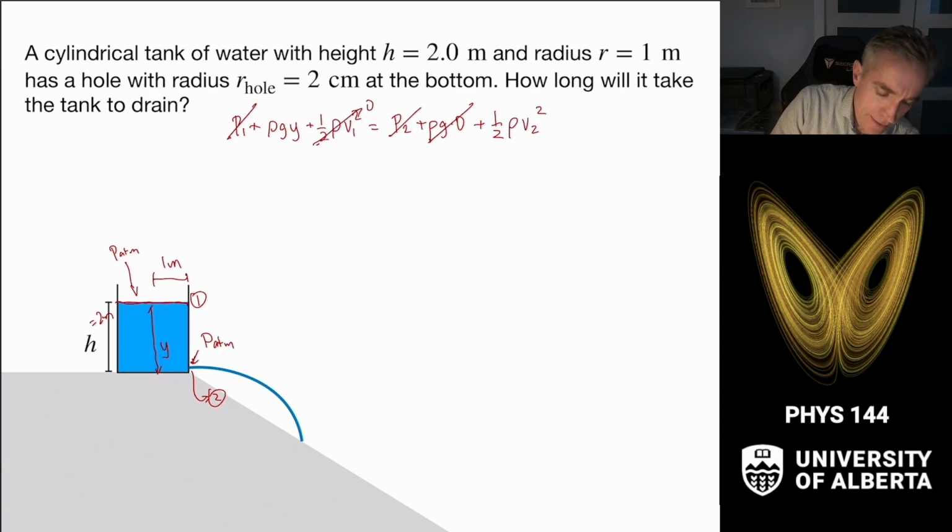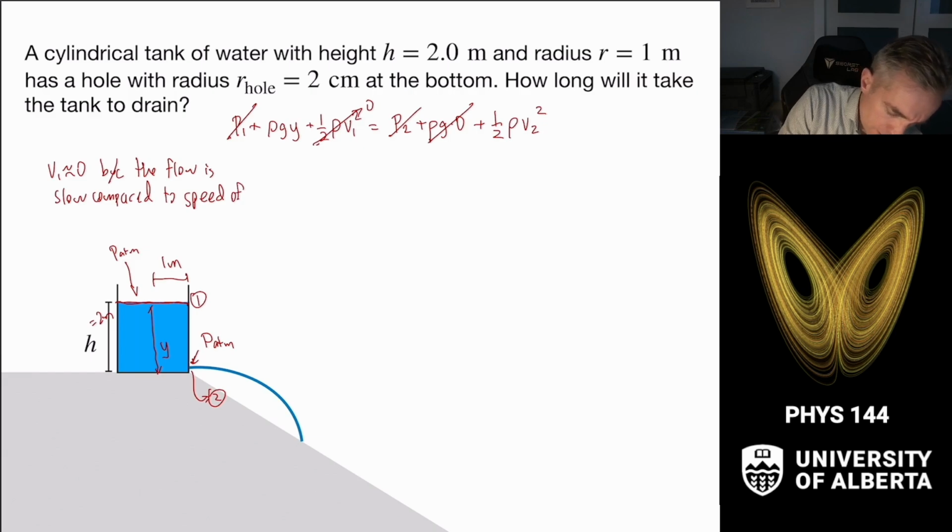So we set v1 as approximately 0 because the flow is slow compared to the speed of the water jet.